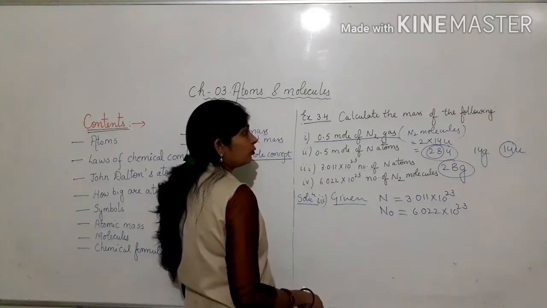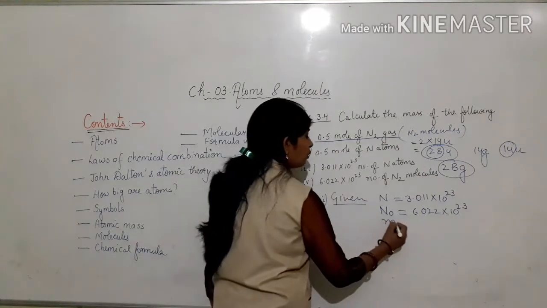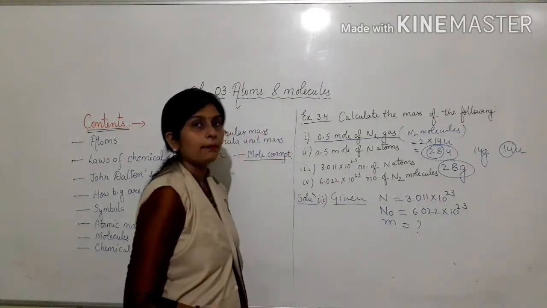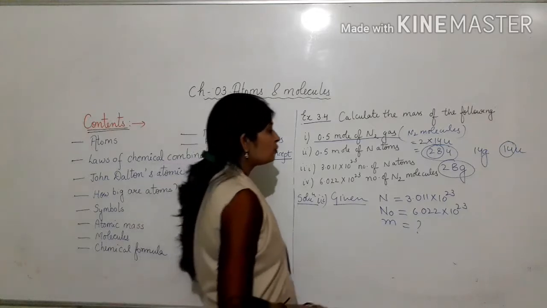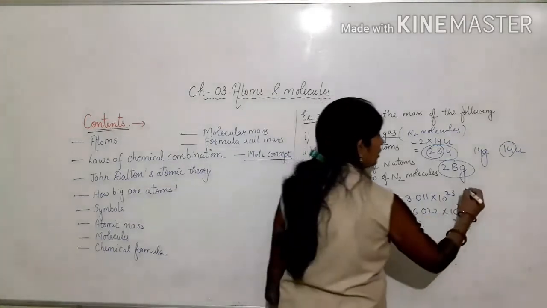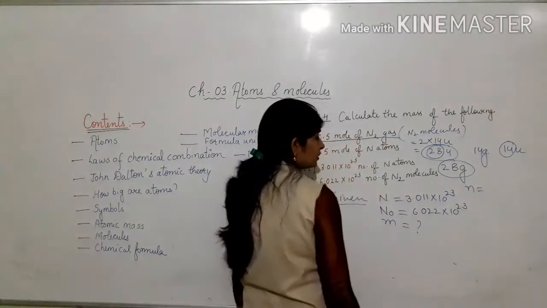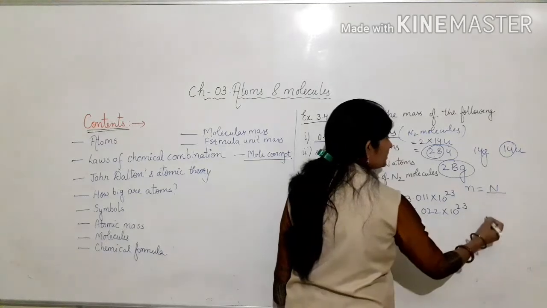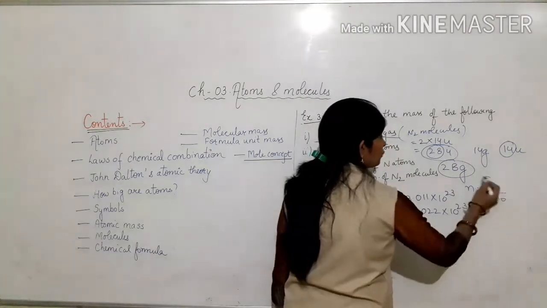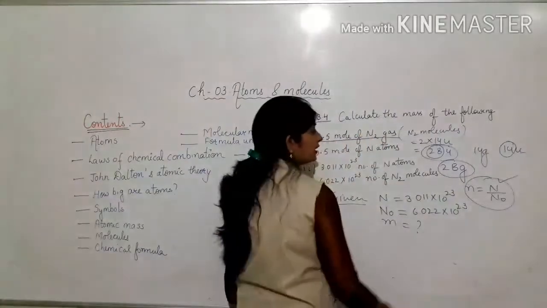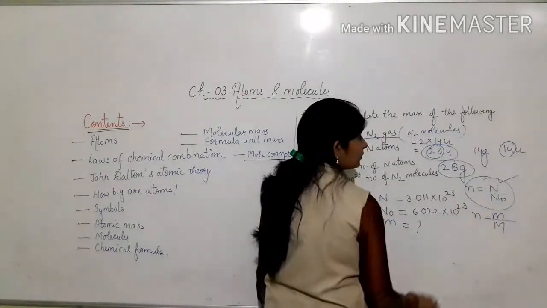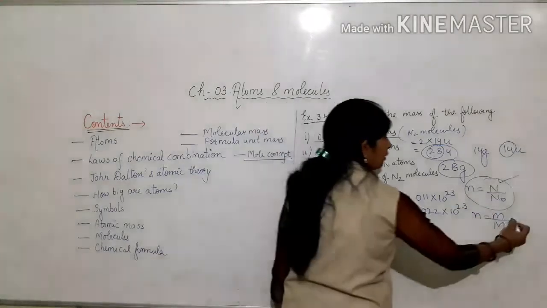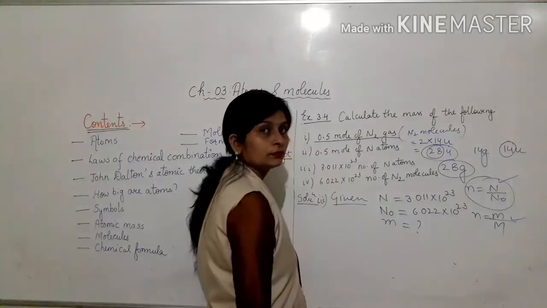And we have to calculate the mass, small m, of these many particles. As you know, number of moles is equal to number of given particles upon Avogadro constant. So first we apply this formula to get the number of moles, then with these moles we can find the mass by the other formula.